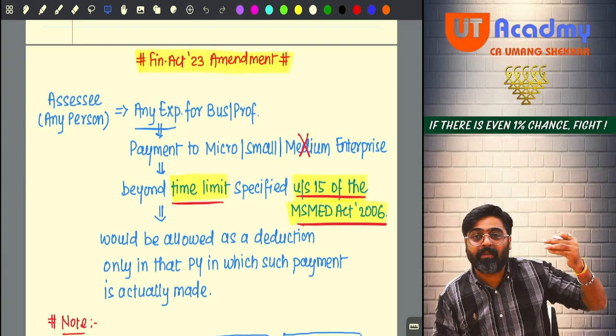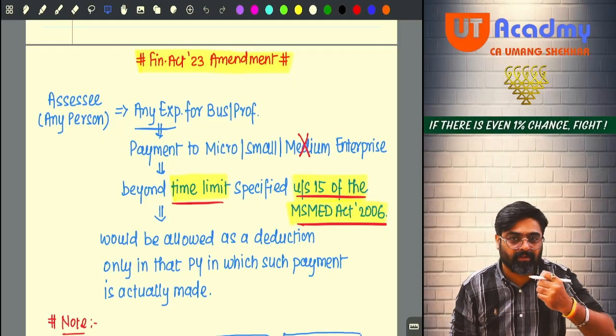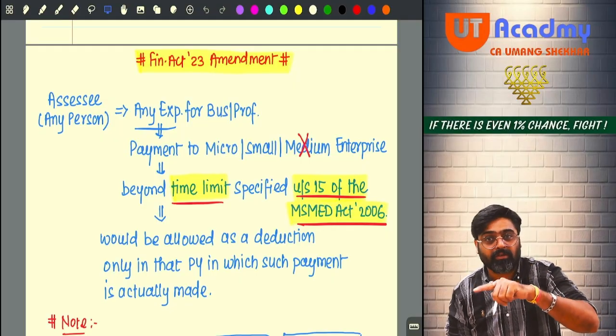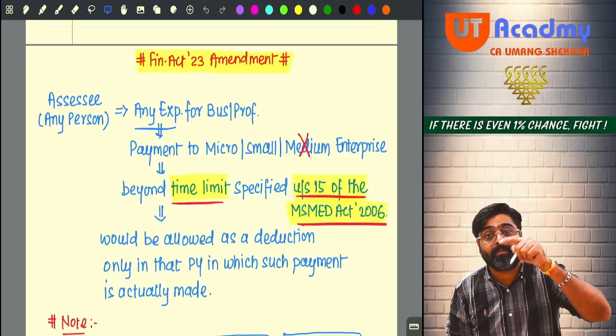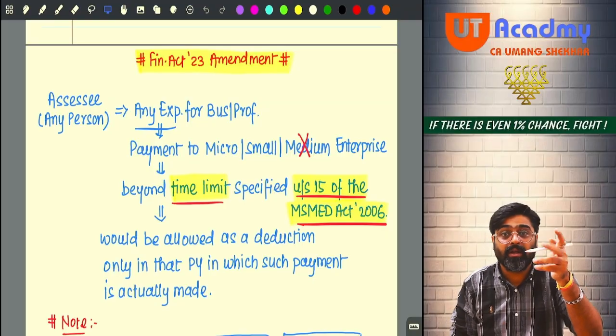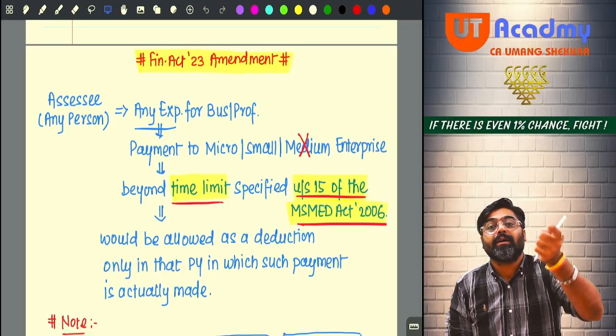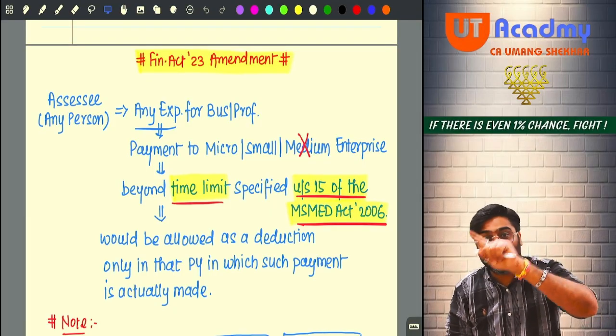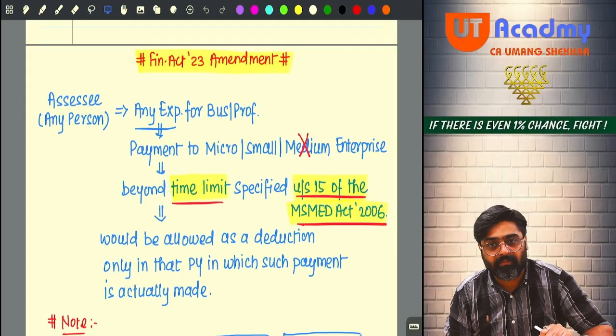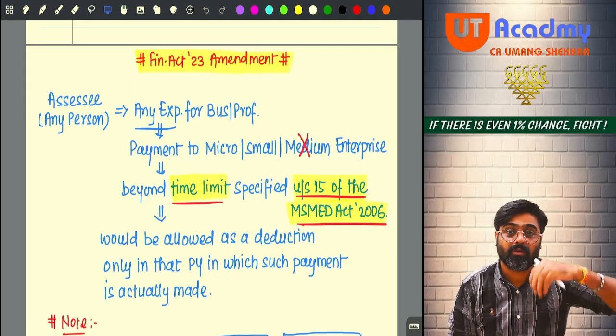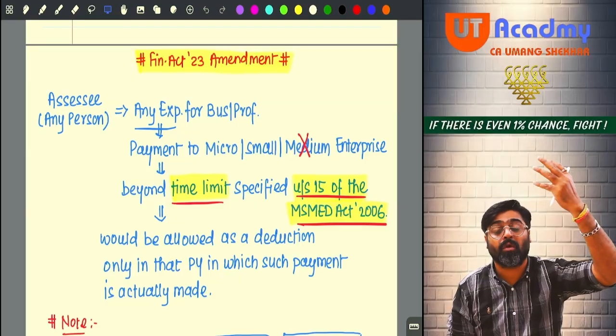For example, me and my friend are doing a partnership business. That partnership business can be a micro enterprise, provided the turnover does not exceed 5 crore, as well as the plant, machinery or equipment used in the business of that partnership firm is not more than 1 crore. Total investment in plant and machinery is not more than 1 crore.